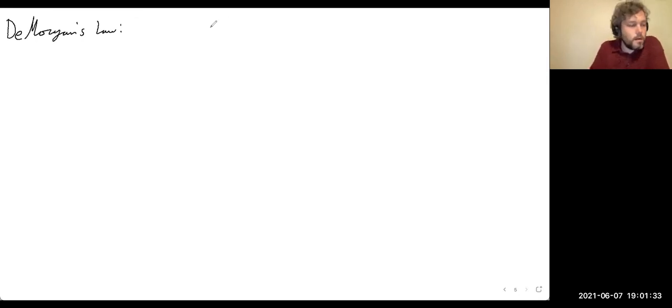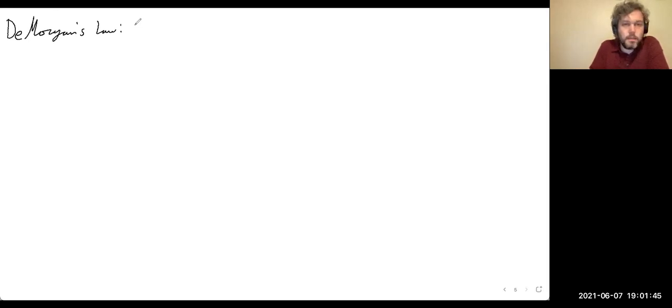And one of the last things in this section that we need to go over, which is really important, we can now get to it. And this is called De Morgan's law, okay? And De Morgan's law can be written in a few different ways, but it incorporates the idea of the union, the intersection, and the complement, okay?